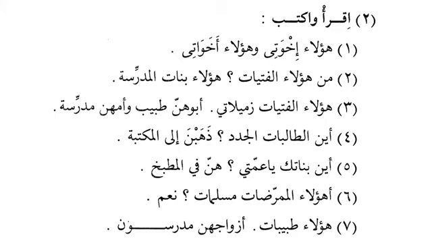اقرأ واكتب, read and write. So now again, I will do the reading part for you, but inshallah, I'm sure you will do the writing part as well. Please don't forget to do the writing part. It's very, very important. هؤلاء إخوتي وهؤلاء أخواتي.